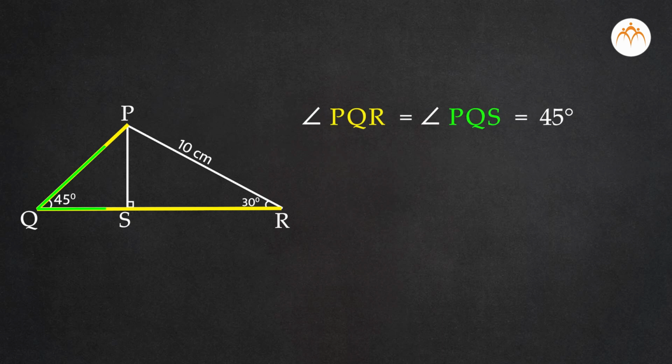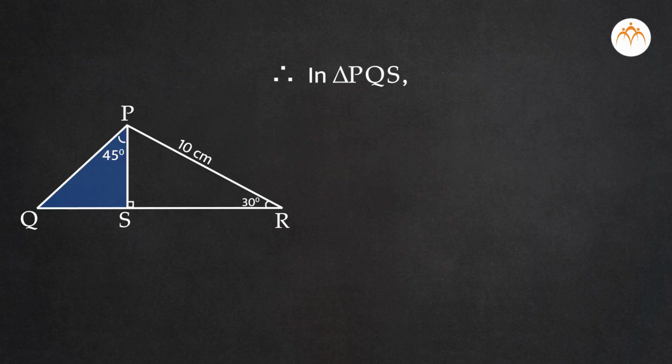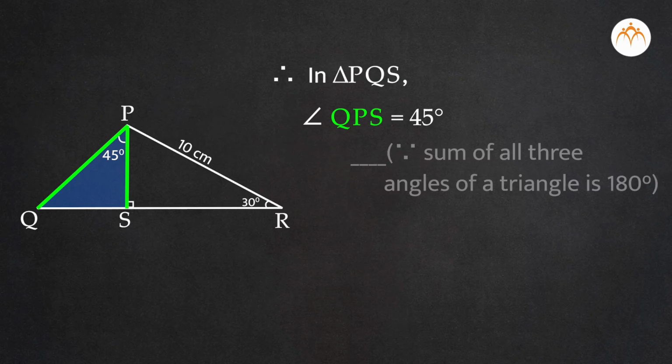Angle PQS is equal to 45 degrees because point S lies between point Q and point R. Therefore, in triangle PQS, angle QPS is equal to 45 degrees because sum of all three angles of a triangle is 180 degrees.